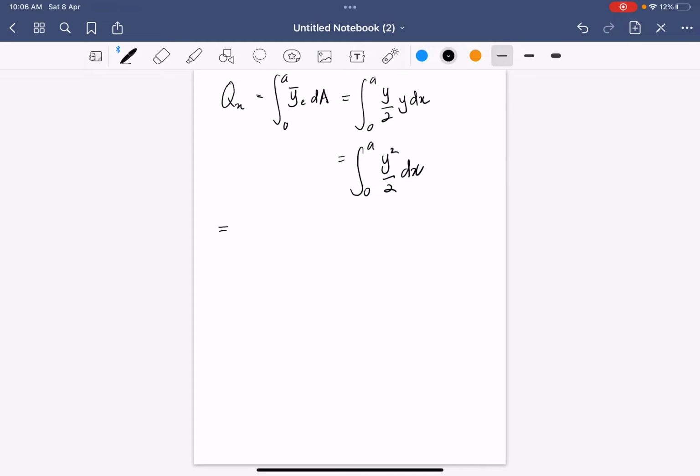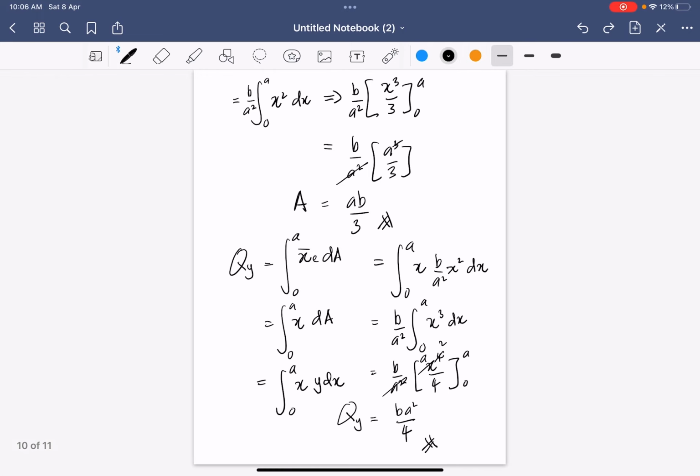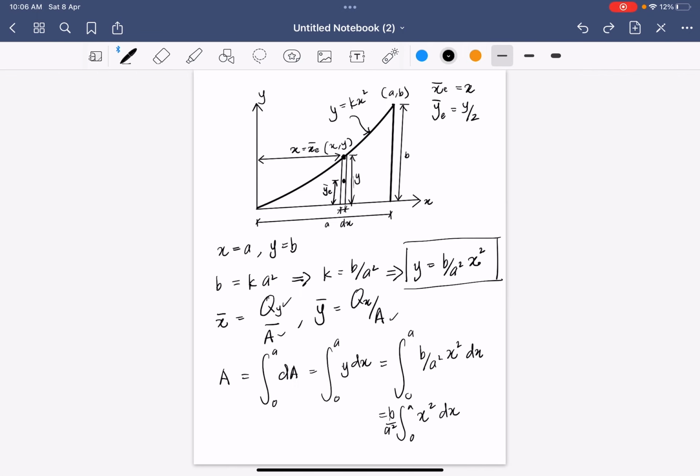Now you can't integrate this equation yet, because we have to ensure that all the terms are in terms of x, because the integration is with respect to dx. So you use the y that we defined at the first step.